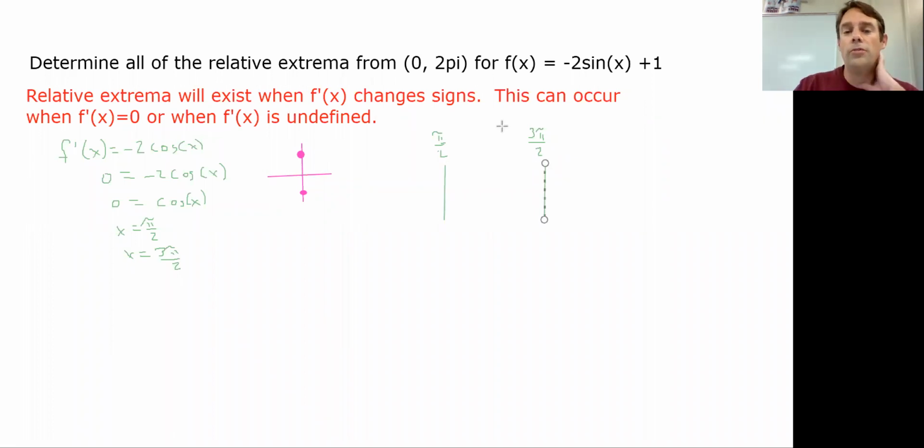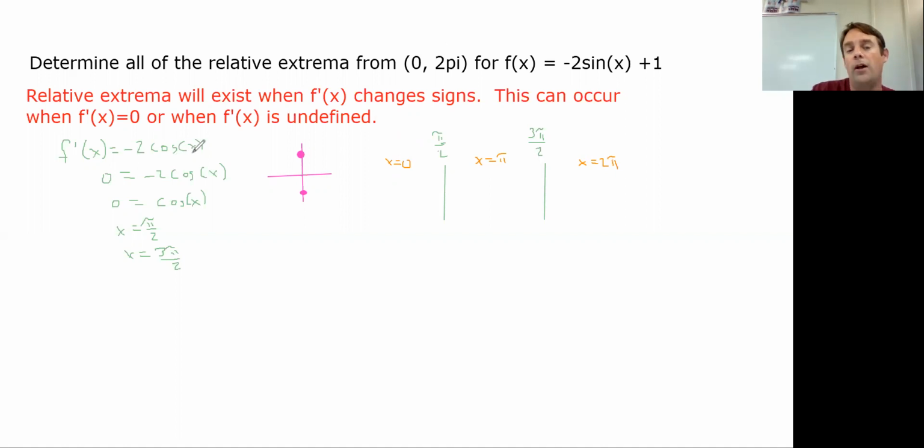Doesn't matter what numbers. If we wanted to, we actually could pick 0, even though it's between 0 and 2 pi. We could pick 0 there. So we got 0, we got pi, and I can go ahead and go 2 pi as well. It's fine, even though that's an endpoint. It'll still tell me what happens in there.